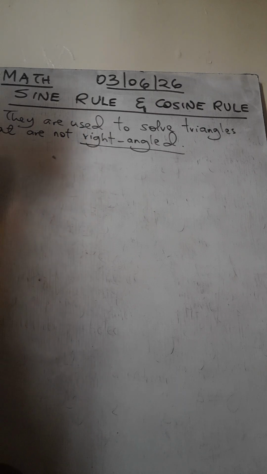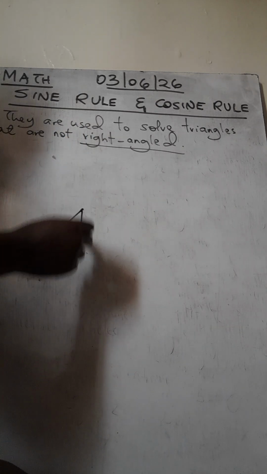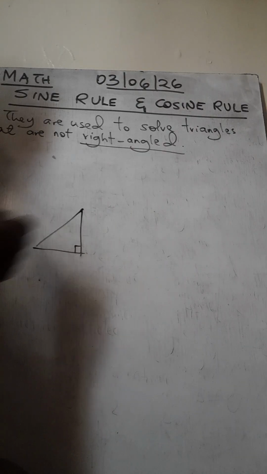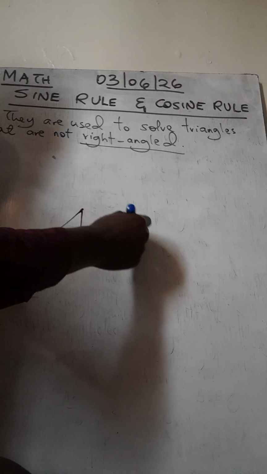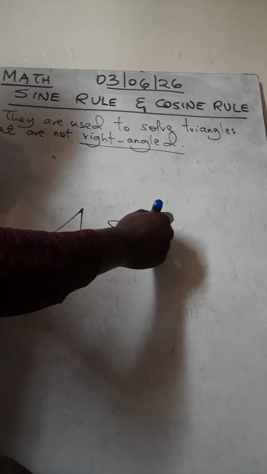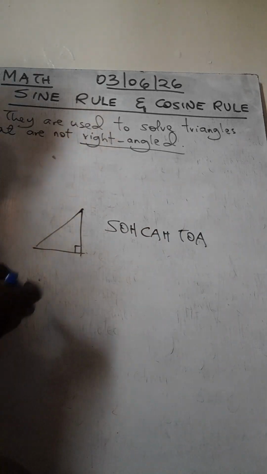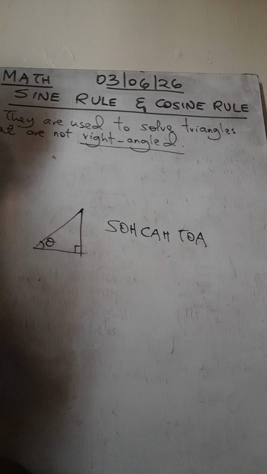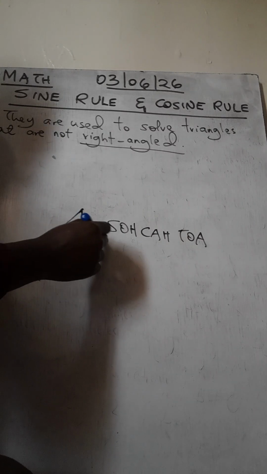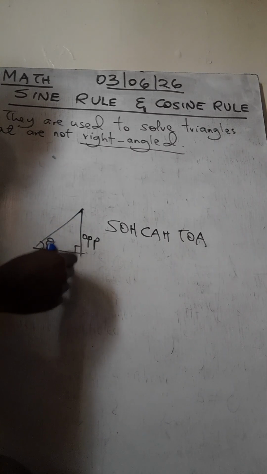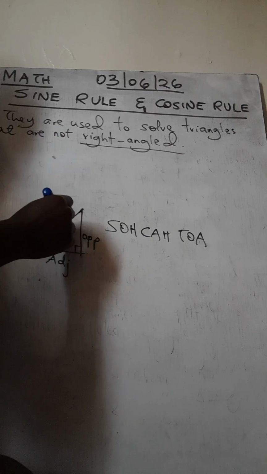So we are used to saying that whenever we have a right angled triangle, we stick to these three trigonometric ratios, where if we have theta here, this one will be its opposite, this one its adjacent, this one its hypotenuse.